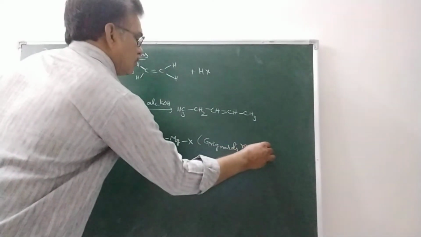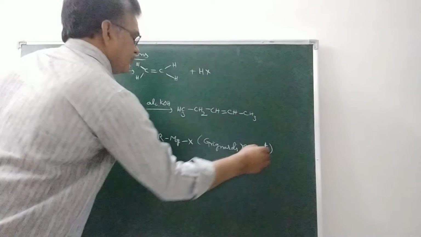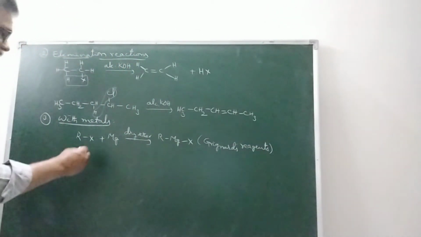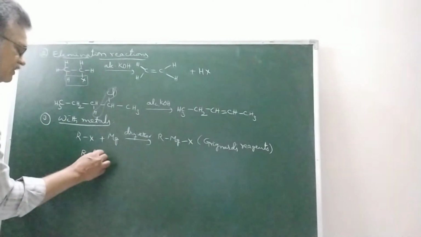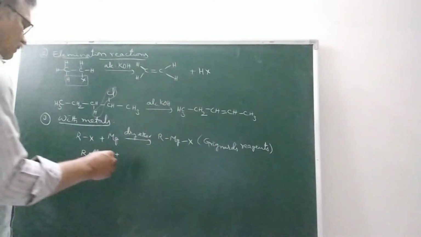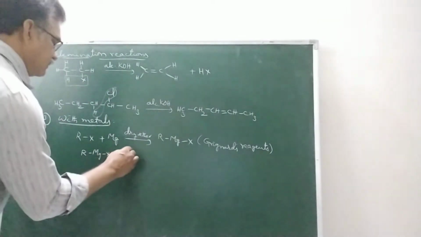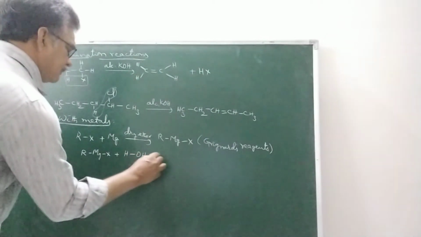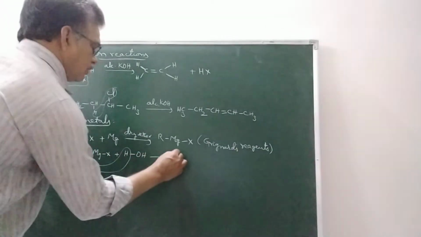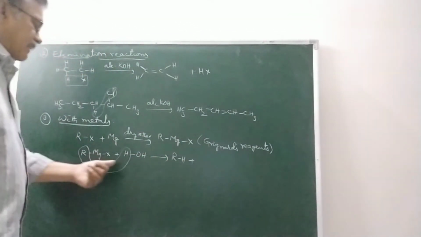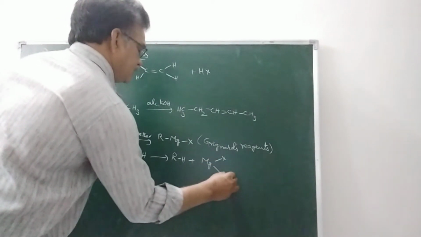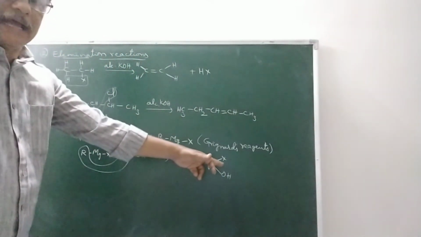We have gone through these Grignard's reagents in first year in the preparation of alkanes. If RMgX is hydrolyzed, that means when it reacts with water, RH is formed, which is an alkane, plus MgXOH, magnesium hydroxy halide.